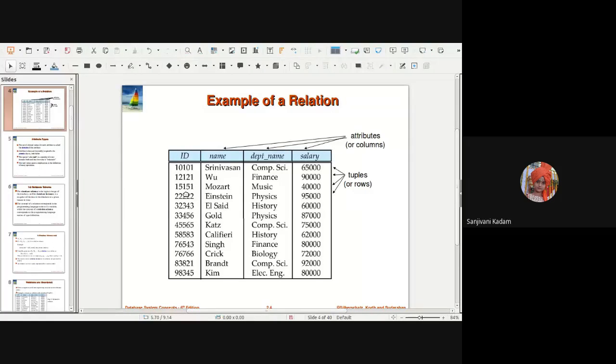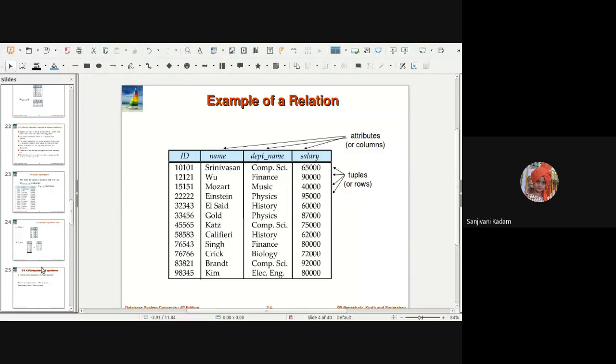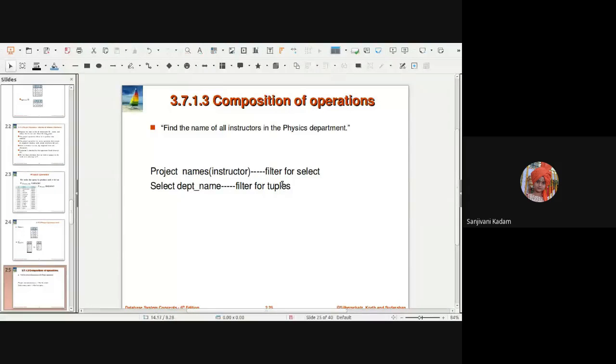These two tuples will be the output of the select operation. After the select operation, we can apply the project operation. Right now there are two records, one of gold and one of Einstein.